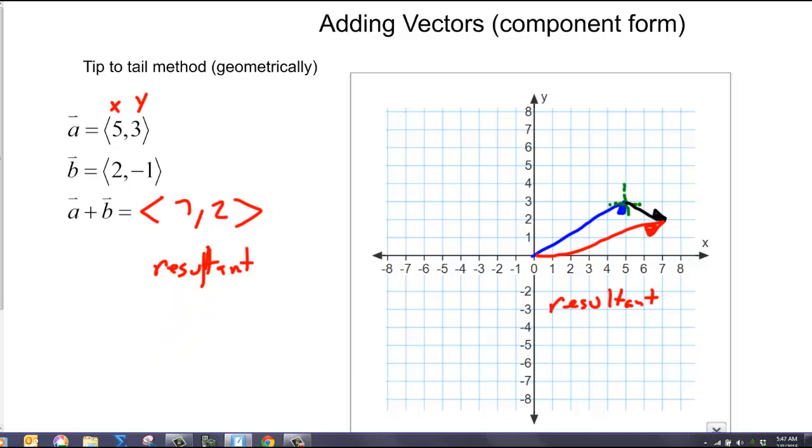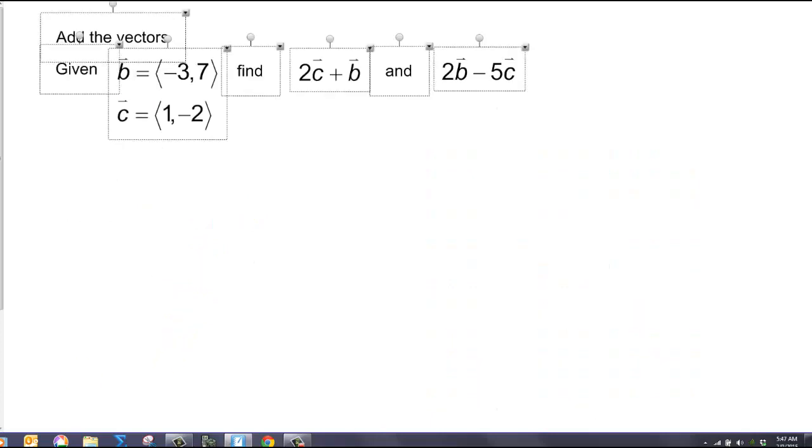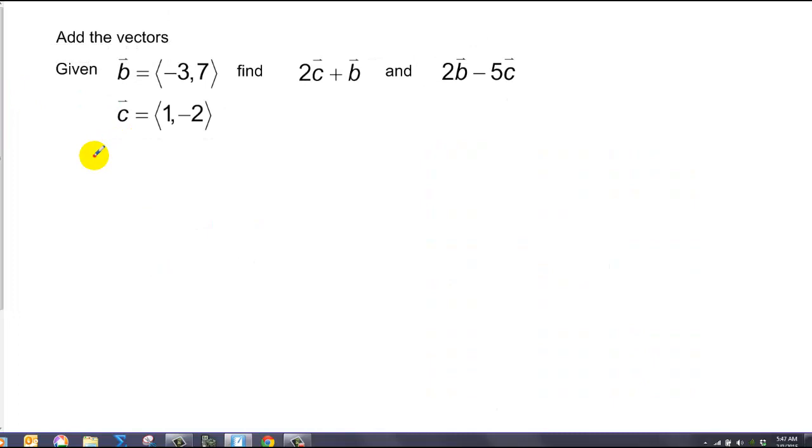So let's go ahead and do just a couple of quick ones. Now in this case, we have two vectors given to us, b and c, and we're asked to find the resultant of these two forms here. So what I like to do is just find out what 2c would be.